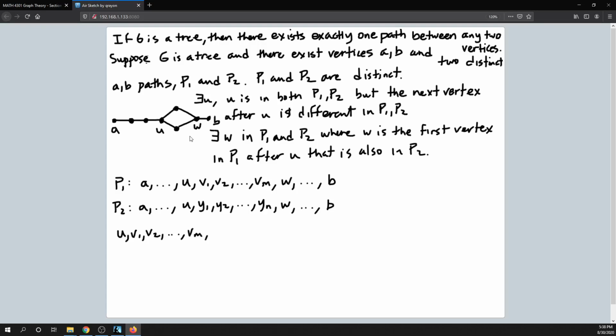And then we would have that W, and then we would just follow this path back. So we would have Yn, Yn minus 1, all the way down to Y2, Y1, and then we would arrive back at U. So we're going this way and this way, and that is a cycle.